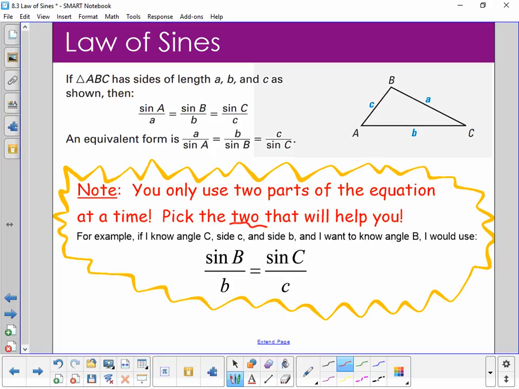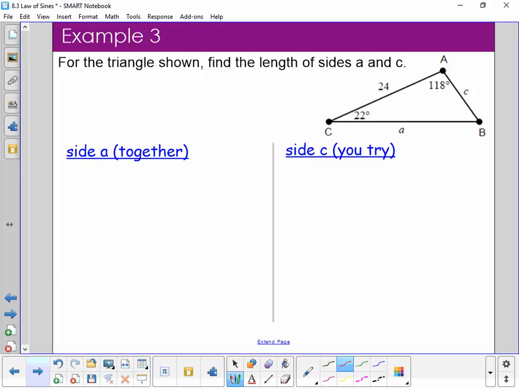So for example, if you know angle C and side C and side B, you might set up your equation like this, and that's going to help you find angle B. And you'll get used to setting up your equations after you've practiced a few times, but you're never going to use all three parts at the same time.